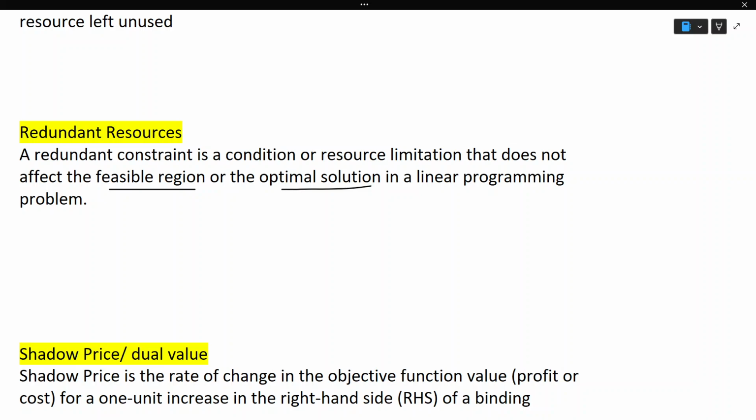A non-binding constraint has slack and does not necessarily alter anything in the problem.